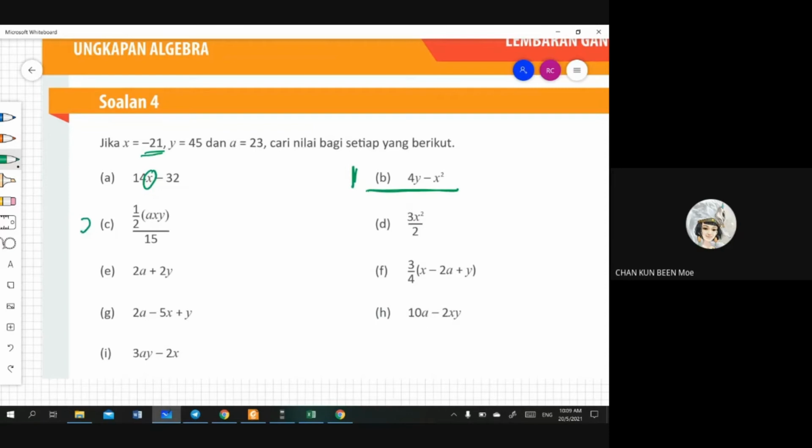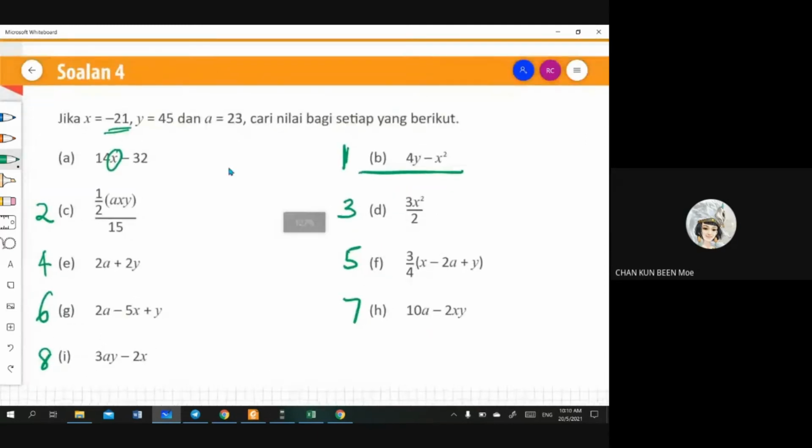C, group 2. D, group 3. And this one, groups 4, 5, 6, 7, 8. Look at your question carefully and press the calculator by substituting the values of X, Y, and A. I give you 1 minute starting from now. Everybody, calculate and try to get the point for your group.